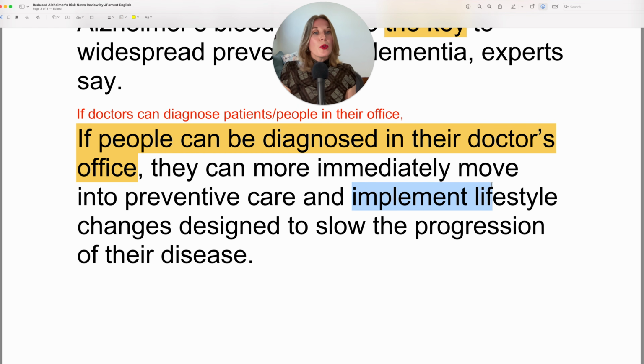Now here, if you implement, which simply means you apply lifestyle changes in your life. If you implement lifestyle changes, you might say if you revamp your lifestyle and revamp their lifestyle.